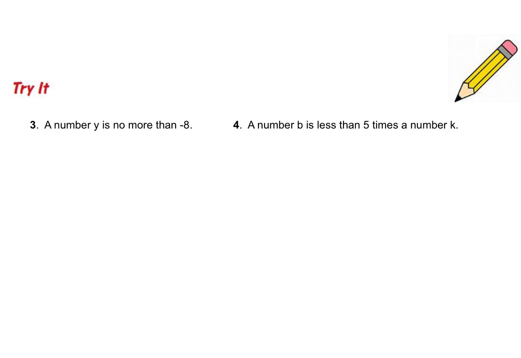A number Y is no more than, so that's less than or equal to, negative 8. A number B is less than 5 times a number K.